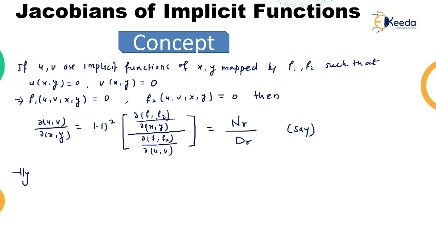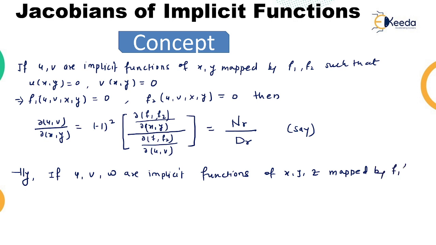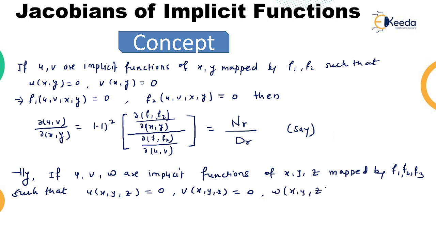Now similarly, if u, v, w are implicit functions of x, y, z mapped by f1, f2, f3, where f1 is a function, the next function is f2, and the next function is f3, such that u of x, y, z is equal to 0, v of x, y, z is also equal to 0, and w, a function of x, y, z, is also 0.